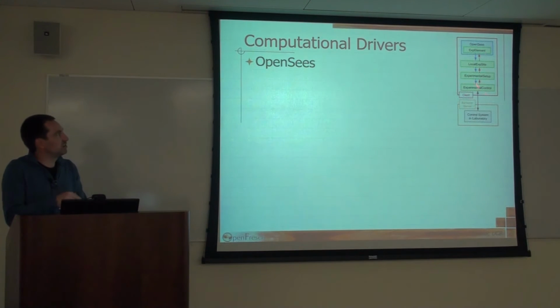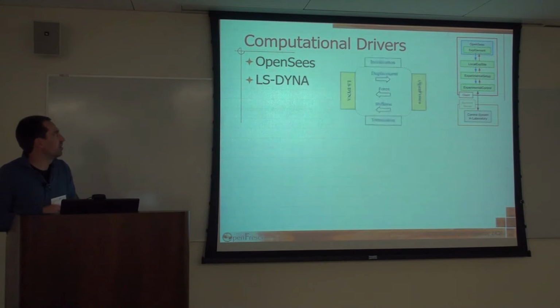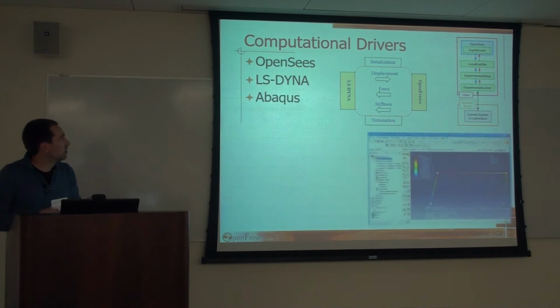Well, obviously OpenSees, because that's very easy to do. We can directly talk to OpenSees using function calls. We have an implementation with LS-DYNA. We have implemented a connection with Abaqus, so a generic client element is available in Abaqus.